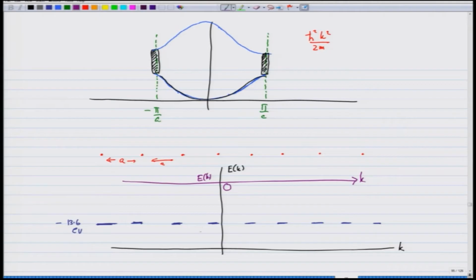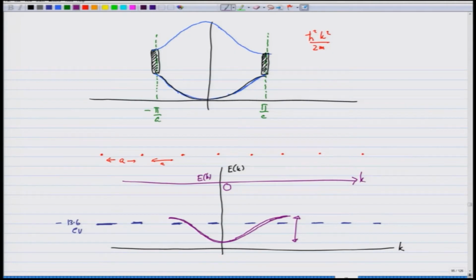What you will see is that all these energy levels with respect to k again form a band, and this energy is going to be negative. So, it is not minus 13.6, rather it is over this band, which could be spread around minus 13.6.